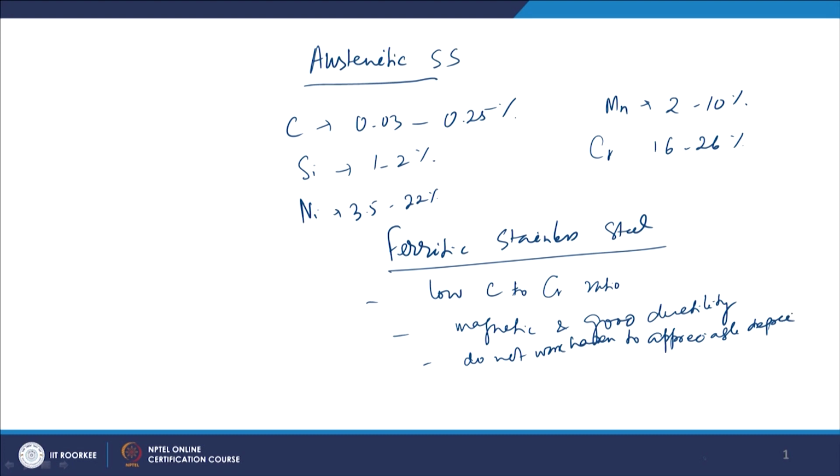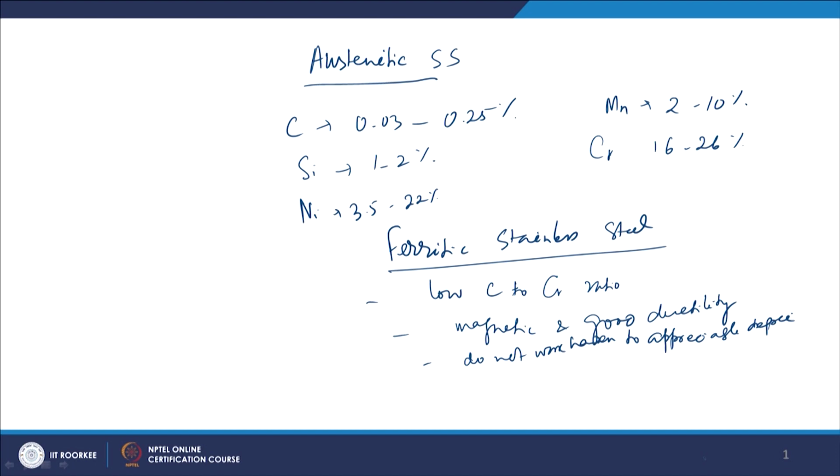Now, ferritic stainless steels are more corrosion resistant than the Martensitic stainless steel. That is the property, and they have good softness, ductility and corrosion resistance in the annealed condition.